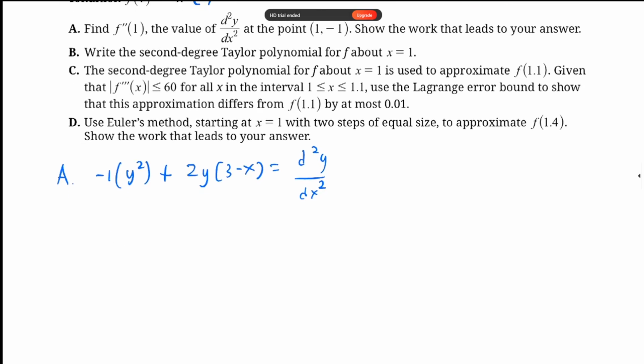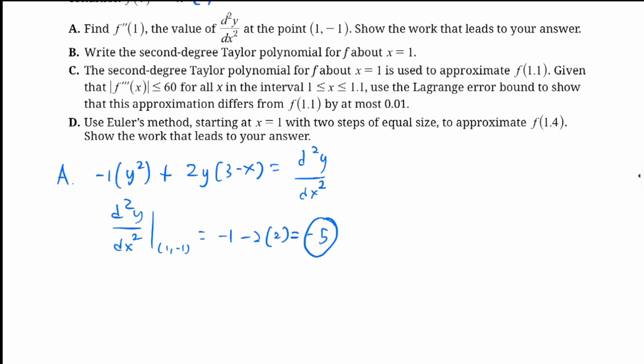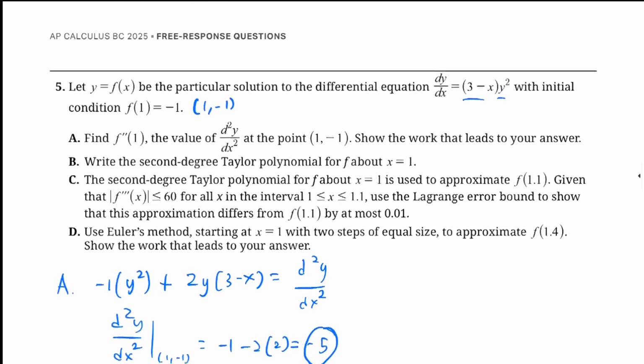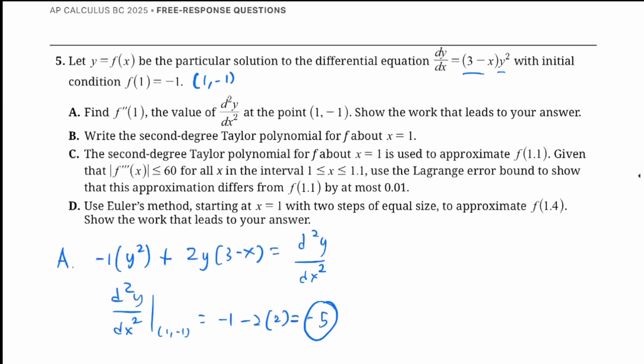Then we want to find the second derivative at the point, so plug in 1 and -1. Plugging in -1, it would be -1 minus 2 times (3 - 1), which is 2. So -1 - 4, which is -5. I believe that is the first part of this question.